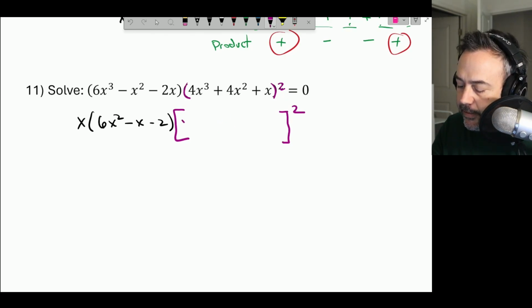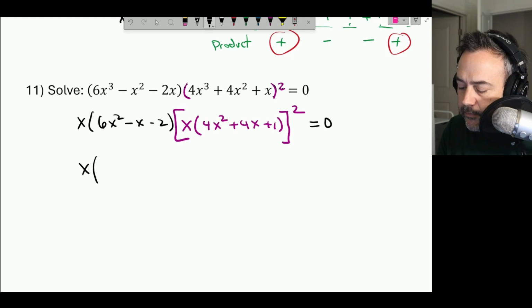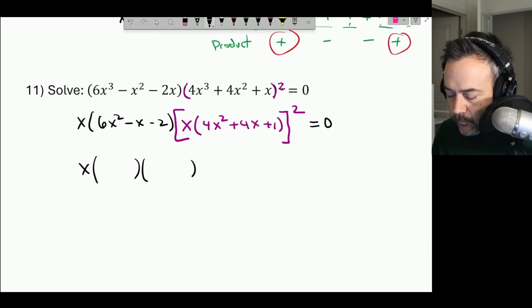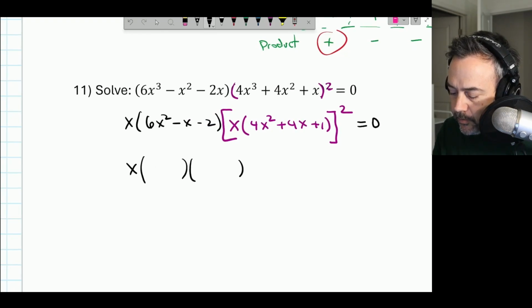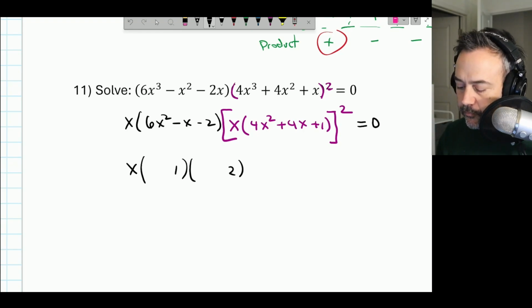I notice that a factor of x can be factored out. 4x squared plus 4x plus 1 equals 0. X, now does this factor?